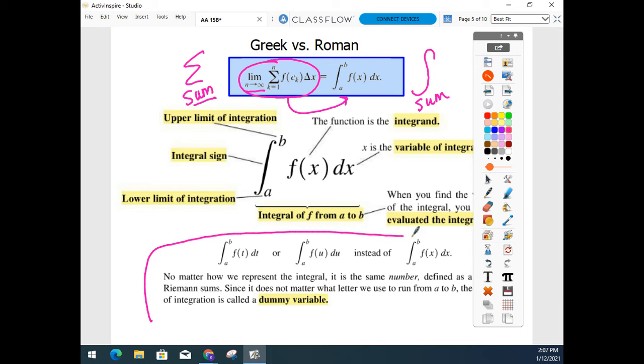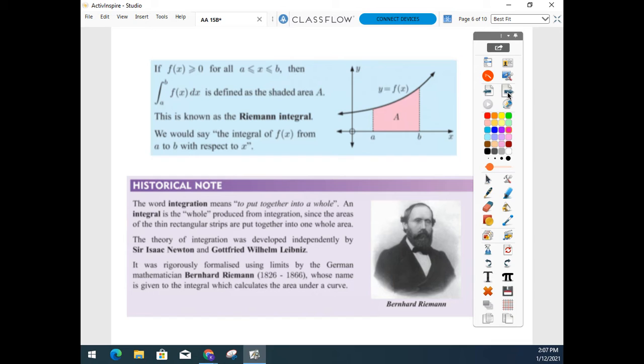This part down here is just saying it doesn't matter what the variable on the inside is. That's just a variable, so don't worry about that. But this middle part is really important. Okay, I would also include this little picture here.